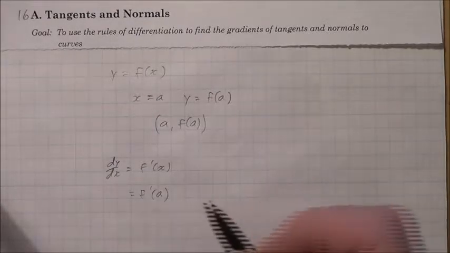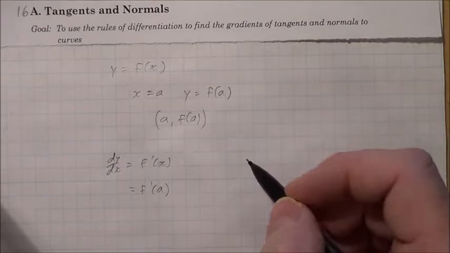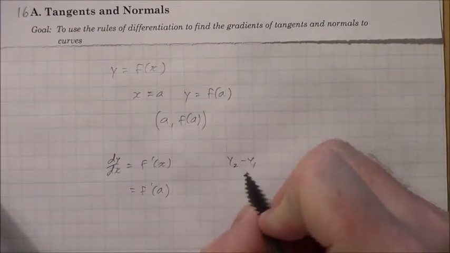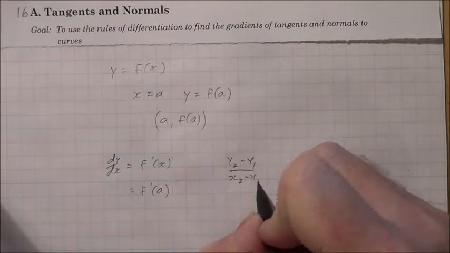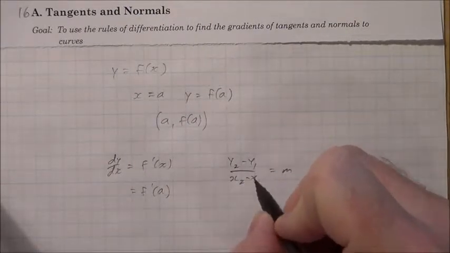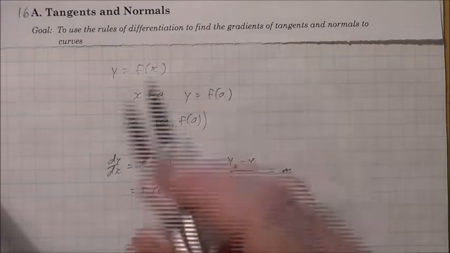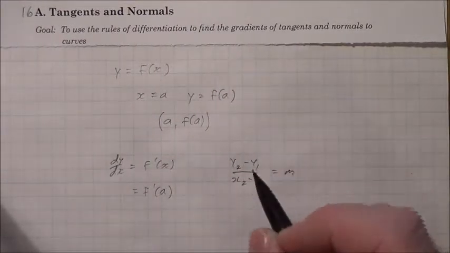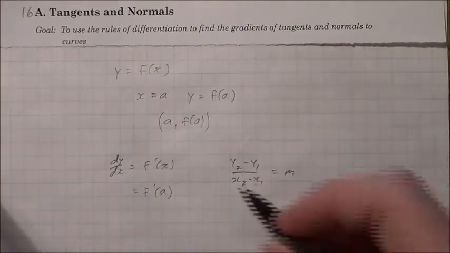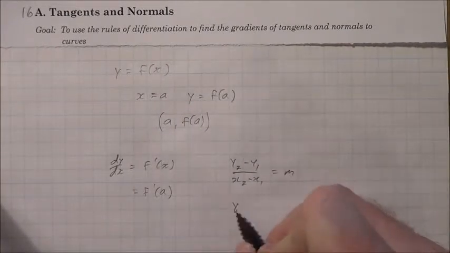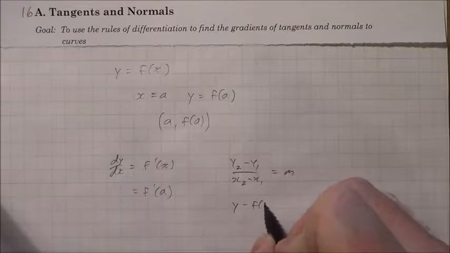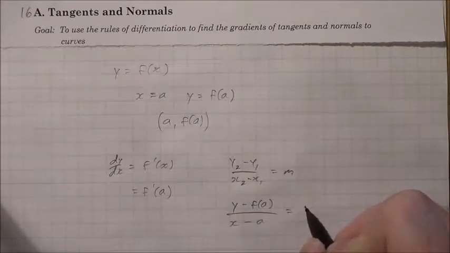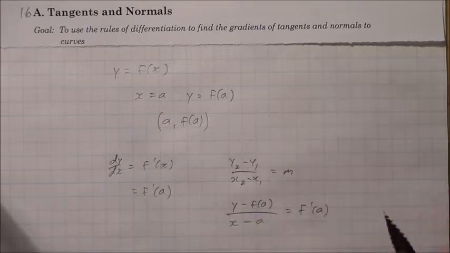And the gradient formula is basically y2 minus y1 over x2 minus x1, and that equals the gradient. So using this gradient notation in the differentiated function equation, we get y minus f of a over x minus a equals f prime of a.